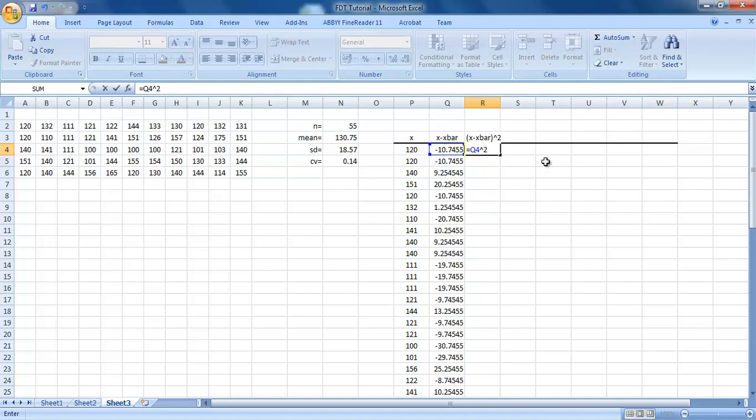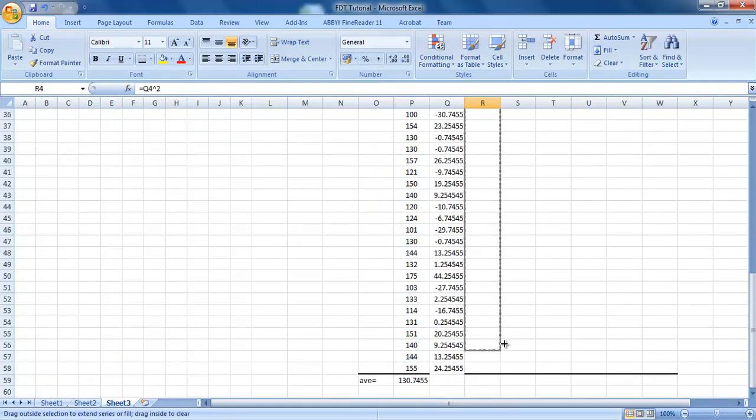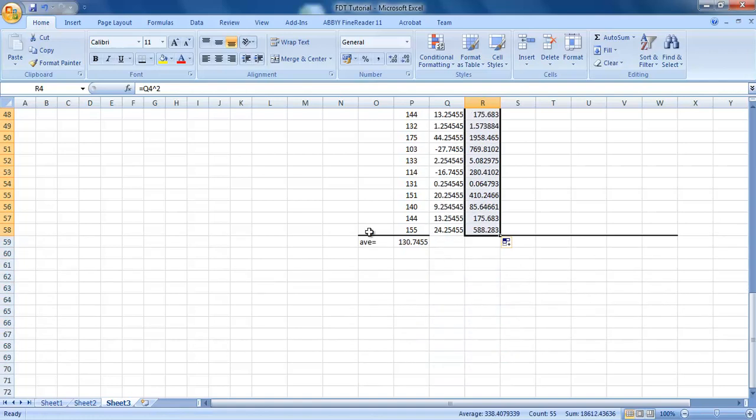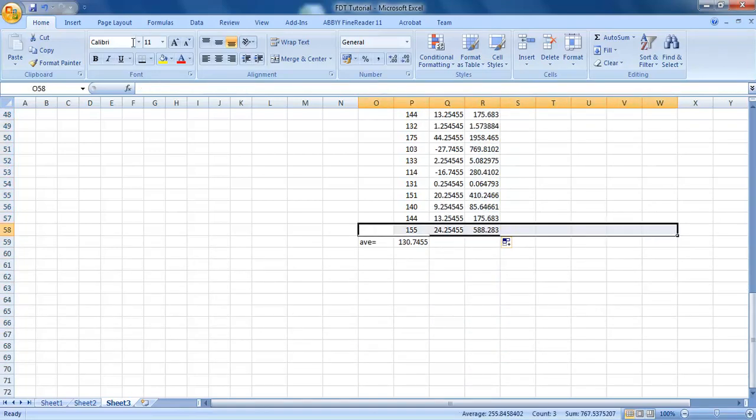The exponent is 2. So I'm squaring Q4. So I'm simply going to duplicate. And then, oops, when I duplicated the formula, the computer erased some of the horizontal bars.